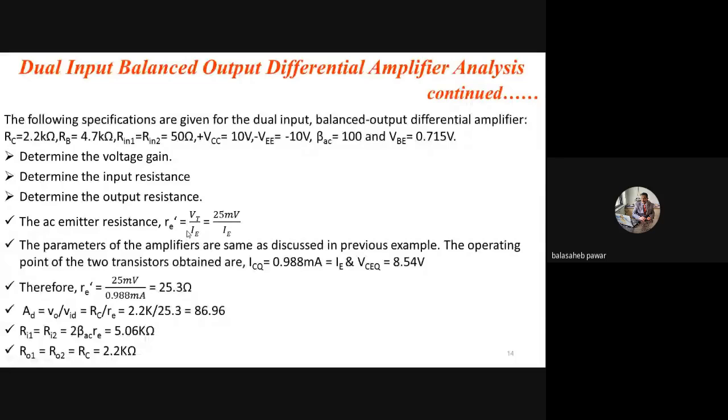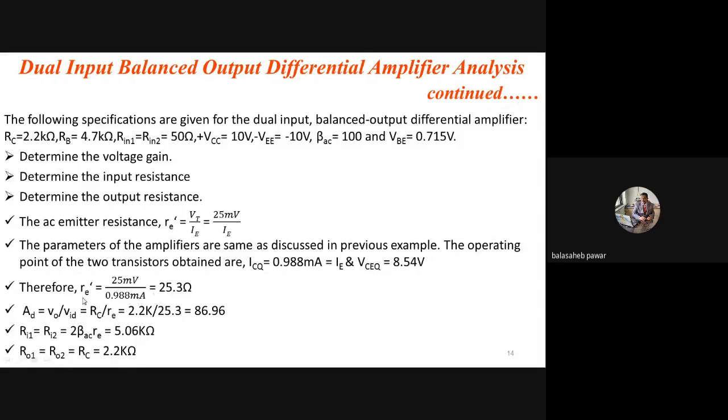Now, as we mentioned, IE is approximately equal to IC for a BJT, and that IC we already determined in the previous numerical. That IC was 0.988 milliamperes. So you can easily determine the value of small re, which equals VT by IE, as IE equals IC. Therefore, you will get re equals 25.3 ohms.